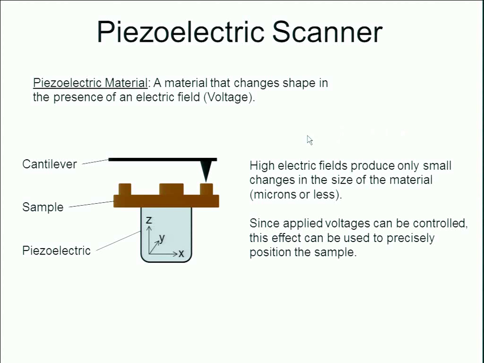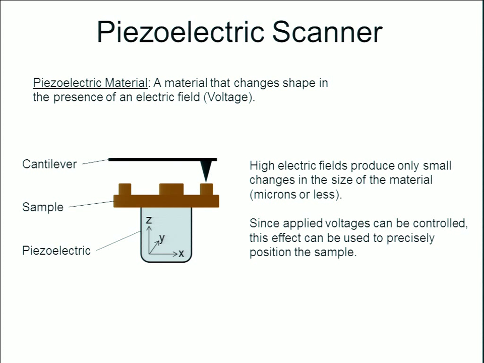The piezoelectric scanner is obviously made up of piezoelectric materials. A piezoelectric is a material that changes shape in the presence of an electric field. In other words, if we apply a voltage to this piezoelectric, it will actually expand. If we reduce that voltage a bit, it'll contract a bit, as far back as to its initial 0 voltage state.